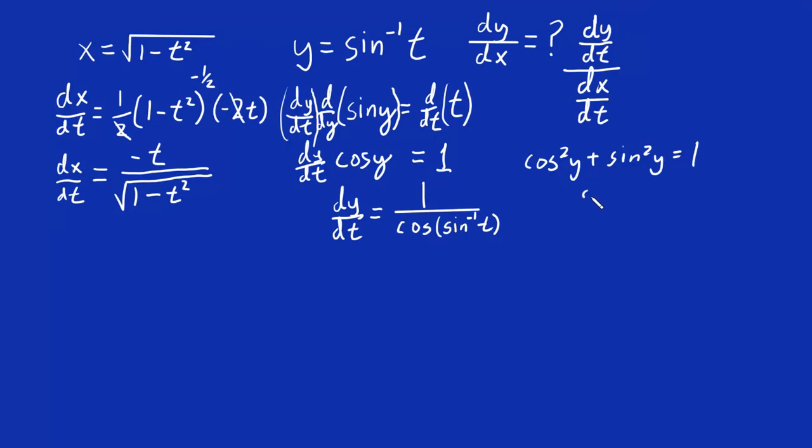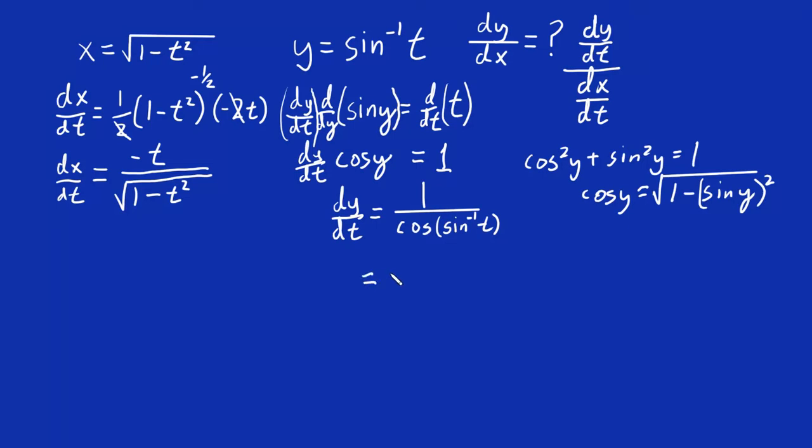And then we have cosine of y is equal to the square root of 1 minus sine squared of y. And I'm going to write it this way so you can see that when I plug in y here, I'm going to get sine of the inverse sine of t, which is just t.